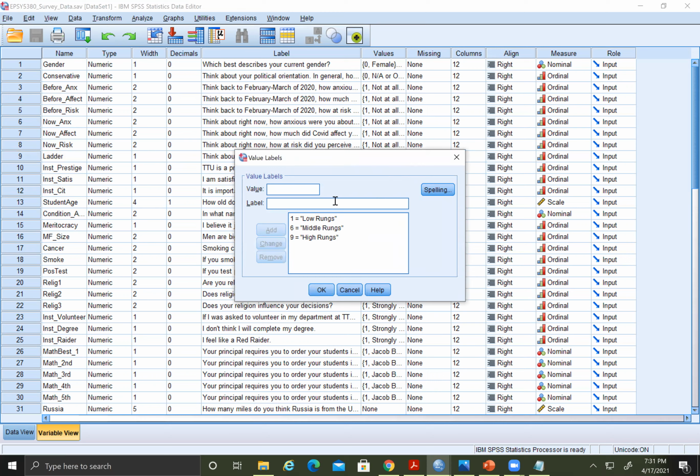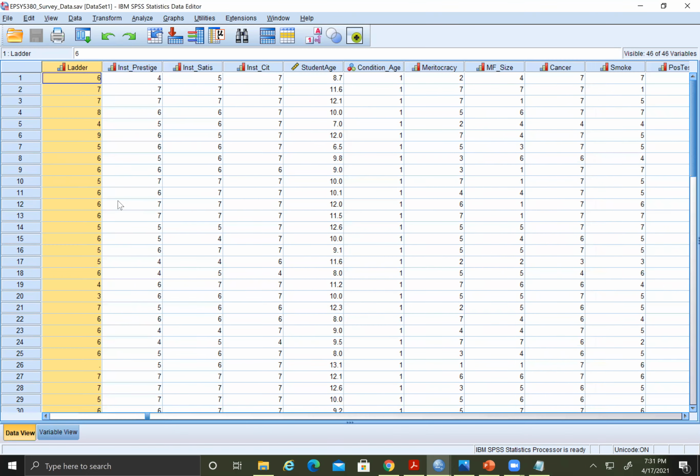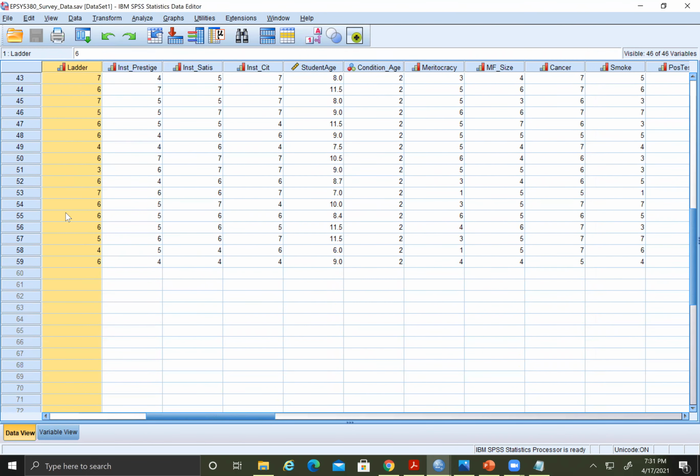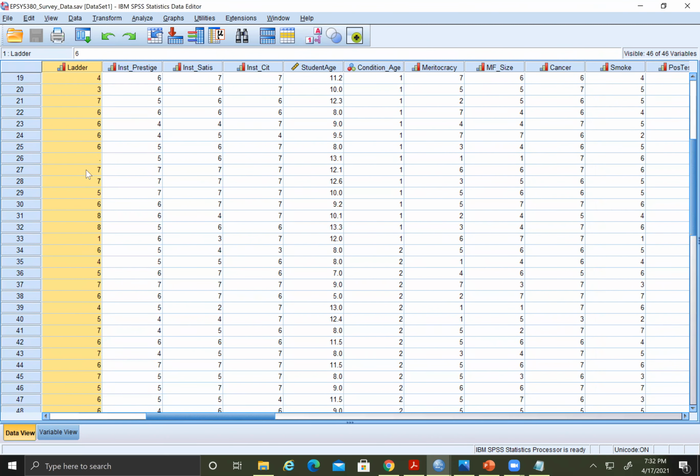Let's see what we labeled from the beginning to represent the specific direction. 1 means the lowest, 6 is the middle, and 9 is high. We may have 10 because it represents 10. Anyway, what we will do is recode this. Looks like it's 1 to 9. We don't see 10 there.